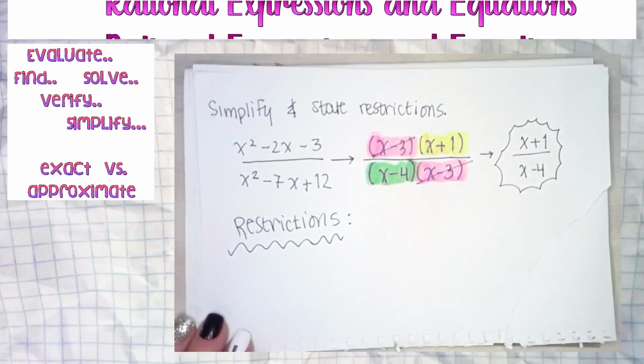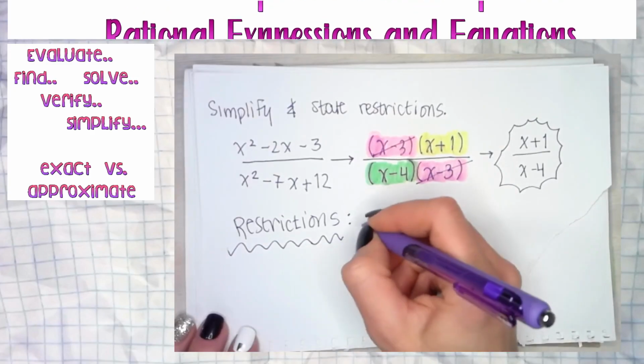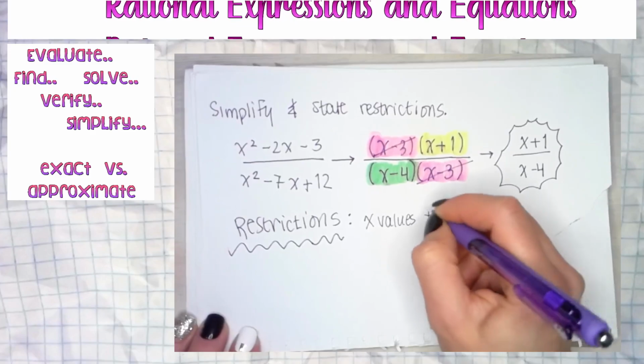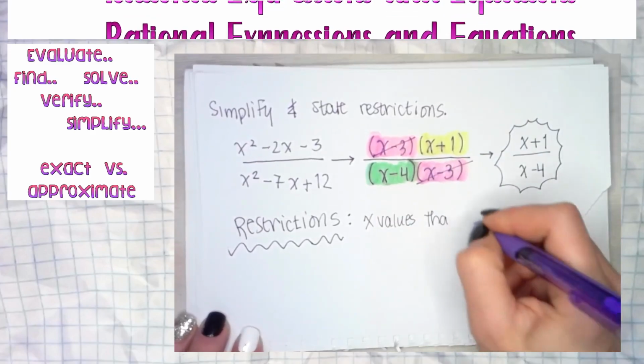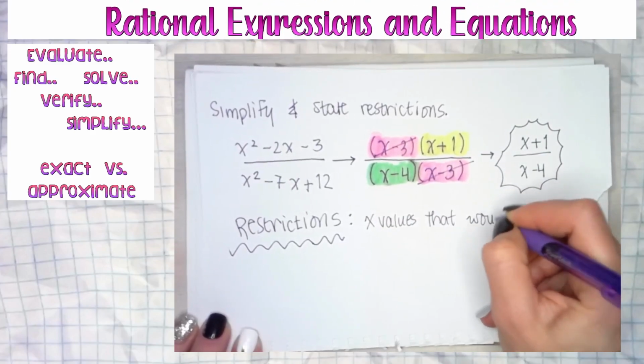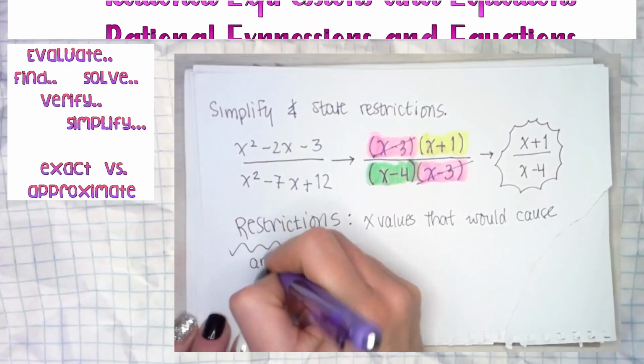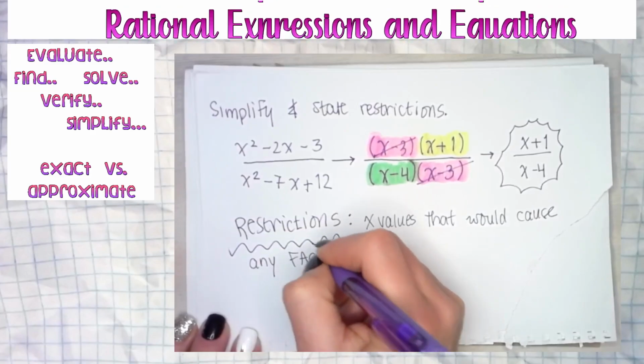Can you repeat where the restrictions come from, please? Restrictions come from the x values, as long as it's x in the problem, that would cause any factor, that's the whole parenthesis, okay?